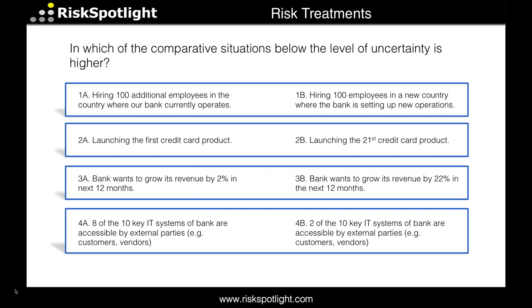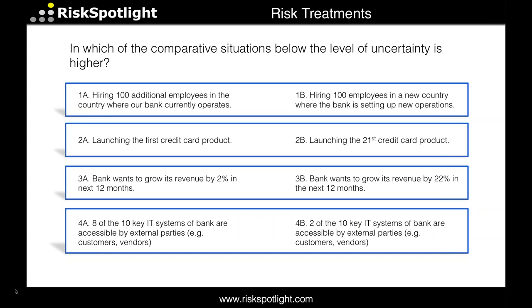So here's one exercise. If you can help me on the chat with this. There are 4 cases, and there are 2 scenarios in each of the cases. Where do you think the uncertainty is higher? So in 1A, we are hiring 100 additional employees in the country where our bank currently operates, and in 1B, we are hiring 100 employees in a new country.